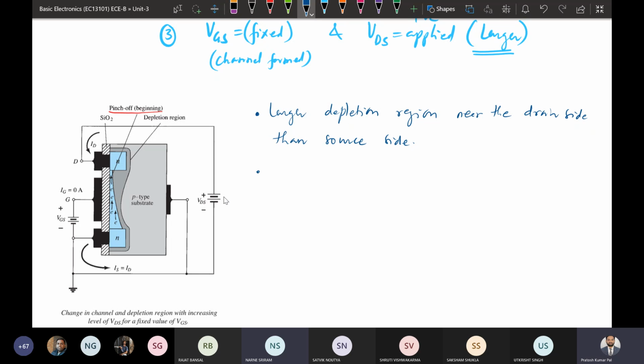Because of this larger depletion region near the drain side, tapering of the channel occurs near the drain side. Okay, channel tapering will be taking place.